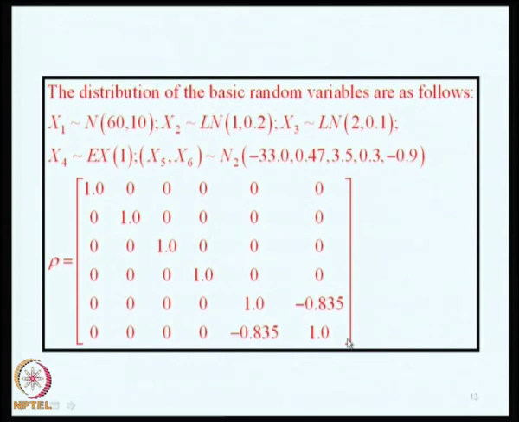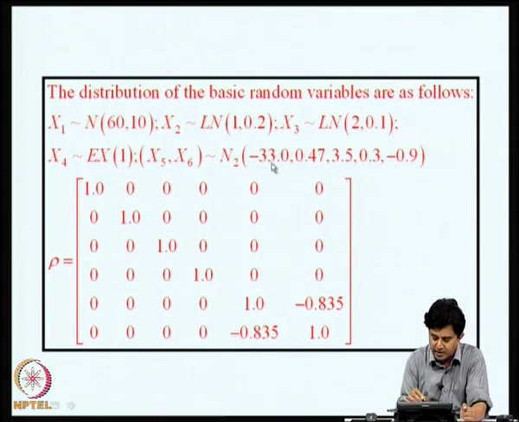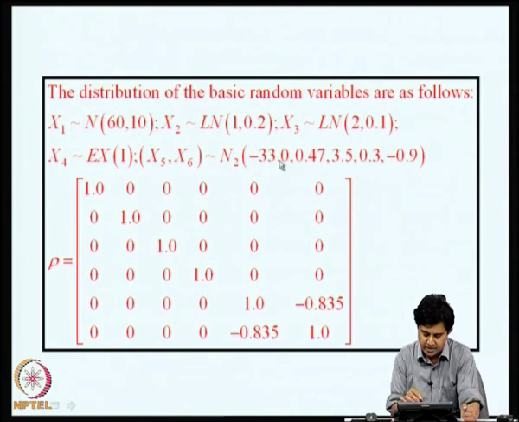The specification of these 6 random variables is: x1 is normal, x2 is log normal, x3 is log normal, x4 is exponential, x5 and x6 are jointly normal with mean, sigma 1, sigma 2 and correlation coefficient.